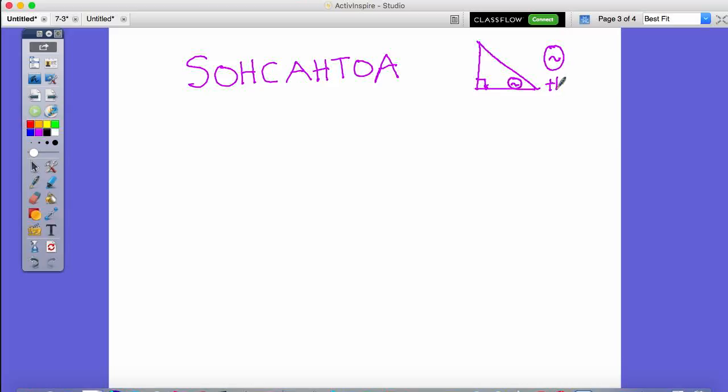And it is the Greek letter theta. So if we want to set up the sine ratio, the sine of angle theta would be derived by taking the measure of the opposite leg divided by the hypotenuse.